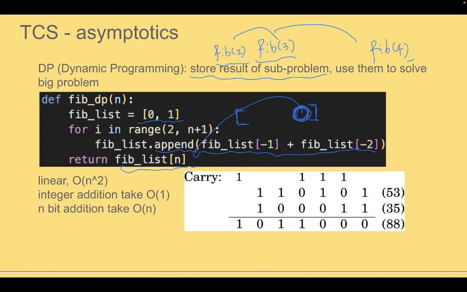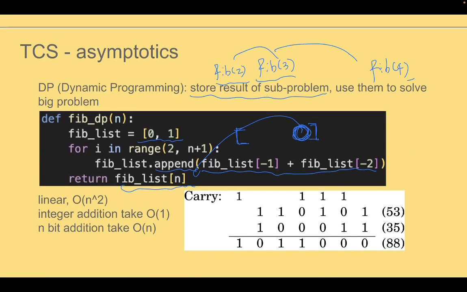Let's do some runtime analysis. So here is one computer step, right? First we assume that all the elements in the list are integers, okay? And there is one computer step because it's an addition of two integers, and there's a for loop.